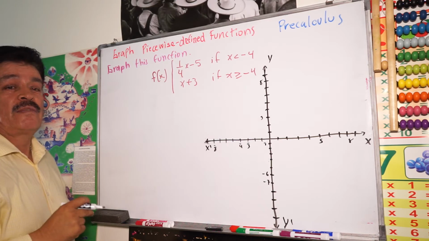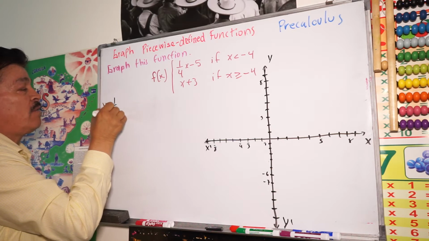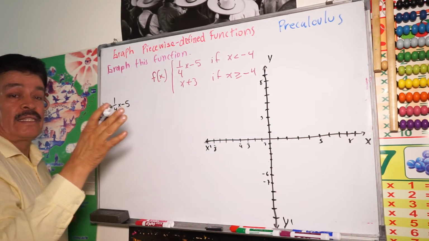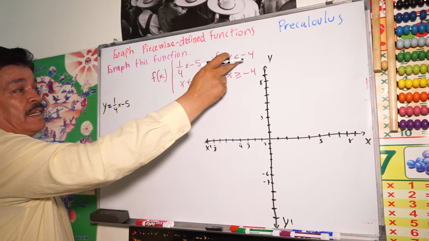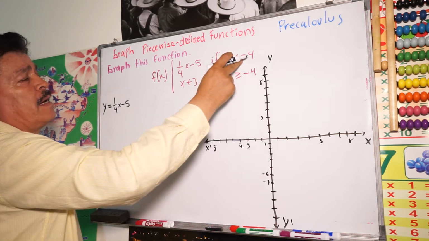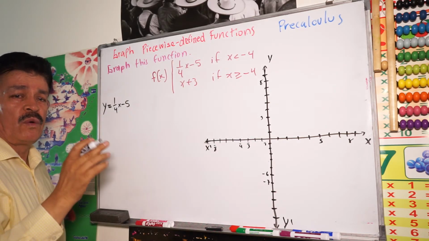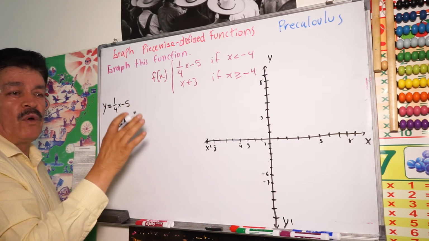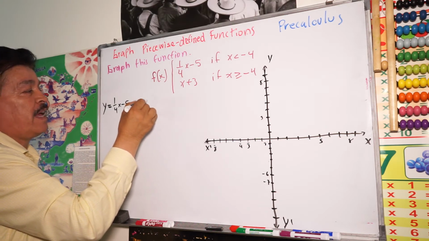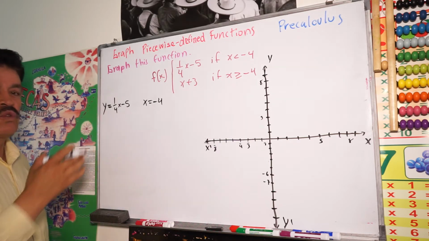This piece is part of the line, so the line equals 1/4 x minus 5, on the interval where x is less than negative 4. This means this piece is going to move to the left from x equals negative 4, right? So this is the clue to solve our problem.